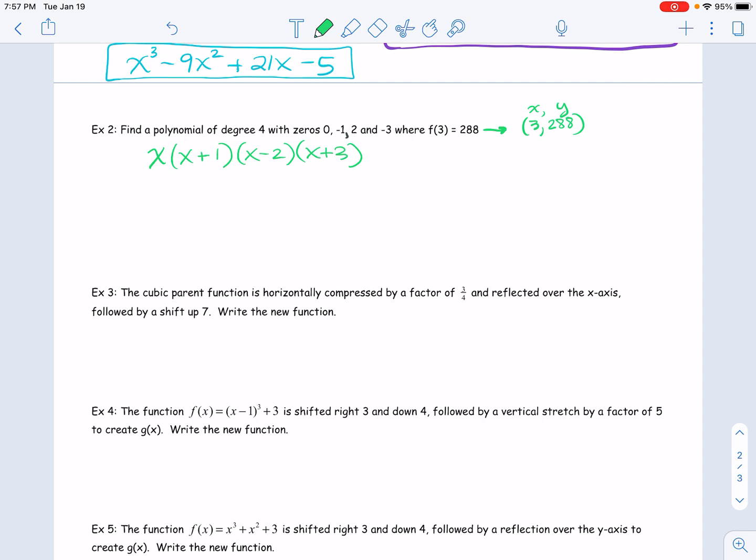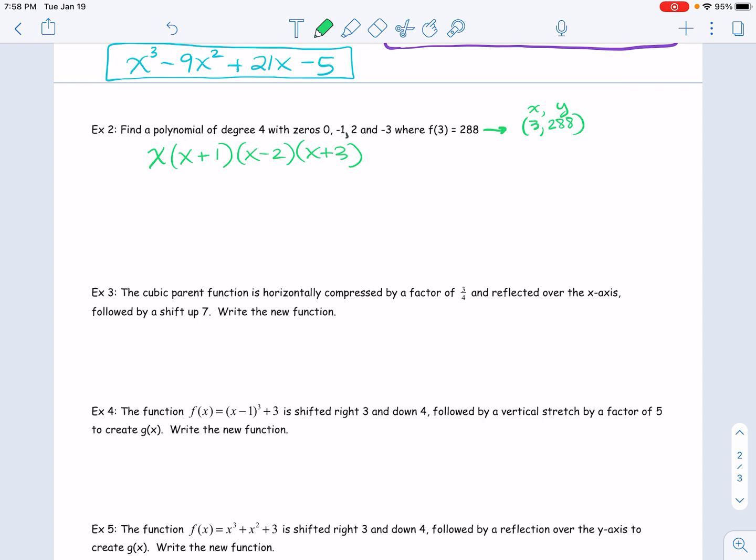Well, the way that we are interpreting that is when x is 3, the y value is 288. That means if I plug in 3 everywhere I see an x and set my polynomial equal to 288, I need to solve for the a value. There could be some a value right here. So even if I start this with a 5x or negative 2x or whatever, that's still a 0 of 0. This a value doesn't change these 4 zeros at all, okay?